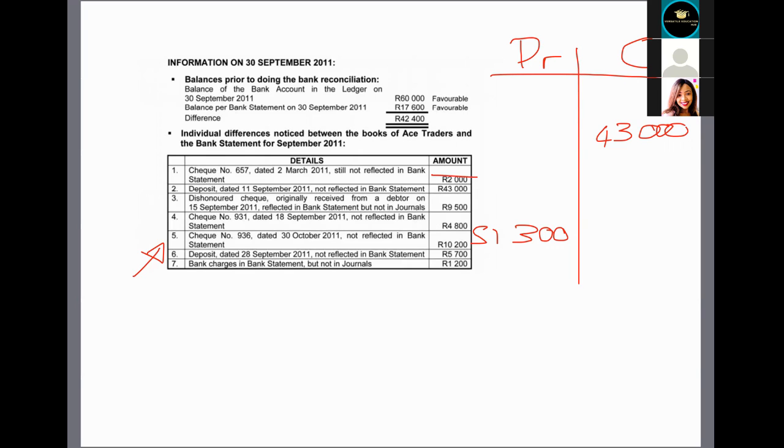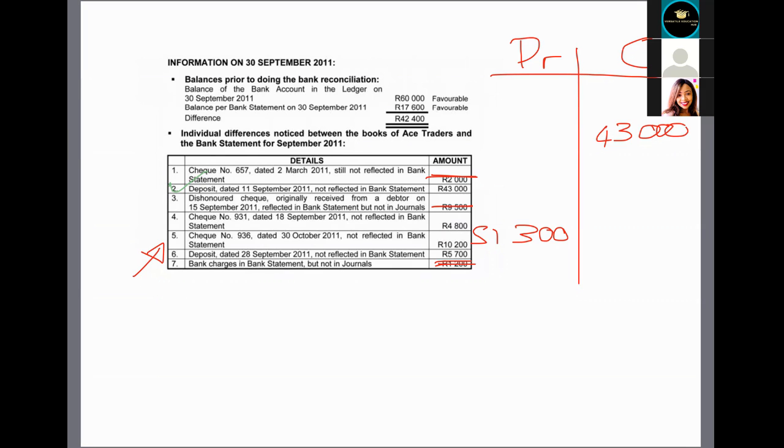So we did the first one, the third one, and the last one. So we know that we're not going to do those two. And then here we had already done our second one, and I think we are on the fourth one, which says that a check number 931 dated 18 September did not reflect on our bank statement. And this amount here is 4,800.